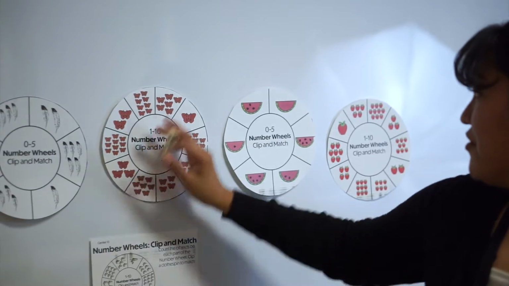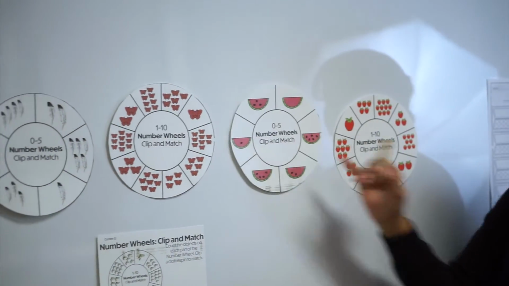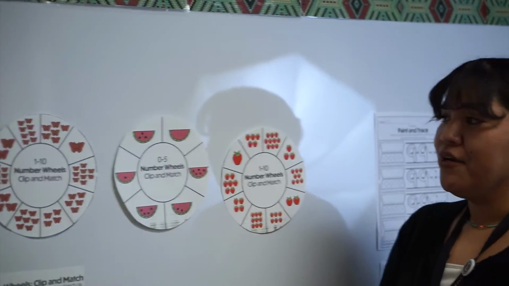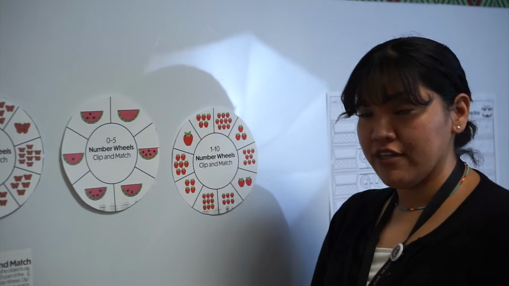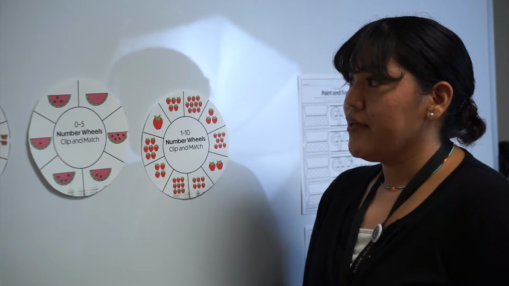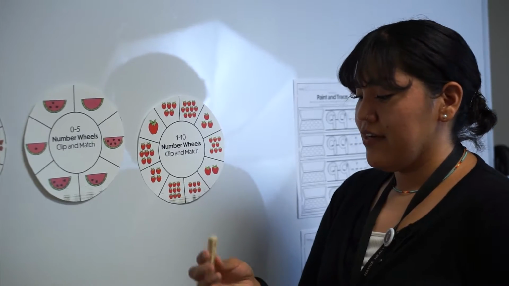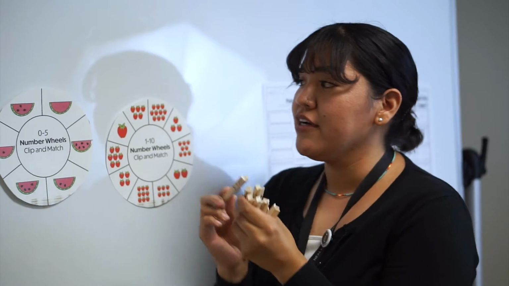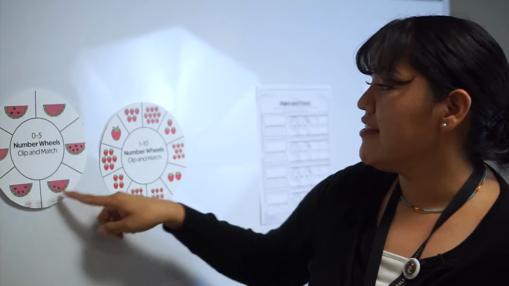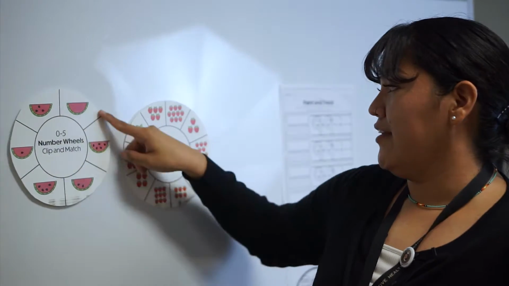All right, let's go over here and look at our watermelons. So with these two, we're going to be using the number word. So let's pick a clothespin, and it has 2. It says 2 with the number word, and we're going to count the watermelon seeds and see which one has a number 2. Okay, let's go right here.